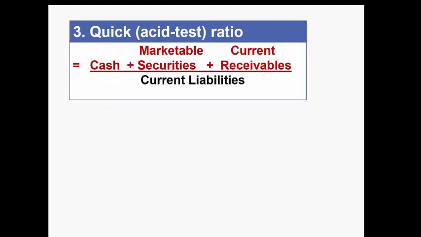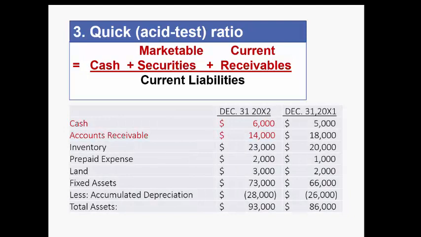when we look at our balance sheet, we'll be able to see that. This is going to include the cash, the marketable securities, which there are none, so that is 0, and then the accounts receivable of $14,000. But if you look at the balance sheet, you can see that it is excluding inventory and prepaid expense.